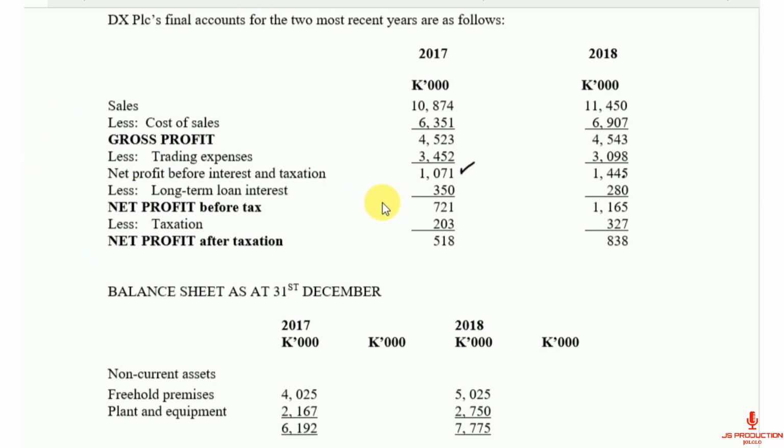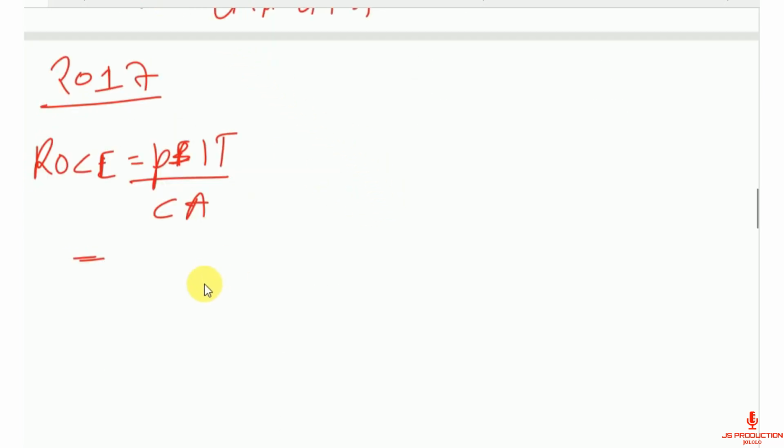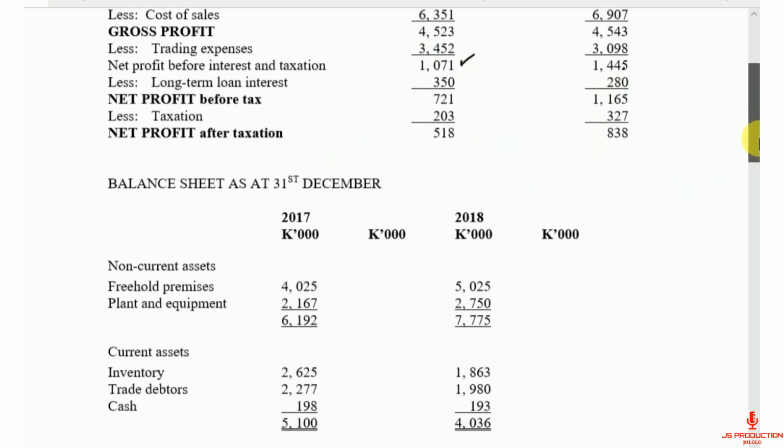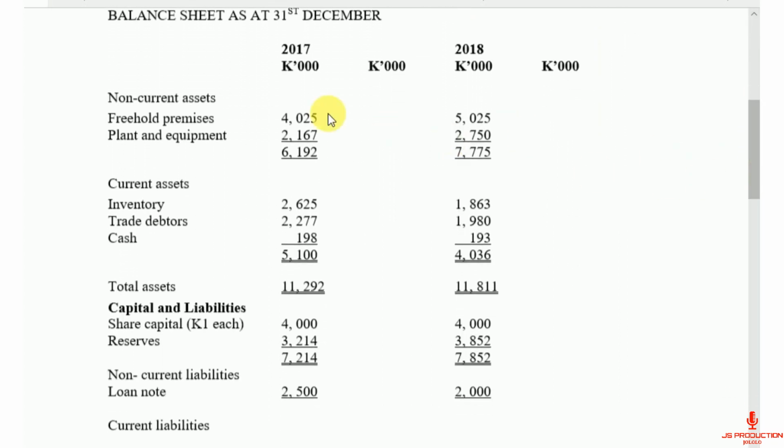So return on capital employed is equal to profit before interest and tax divided by capital employed. We have said for 2017 it's 1071. What about the capital employed? We have said this is equal to the fixed assets plus the working capital.